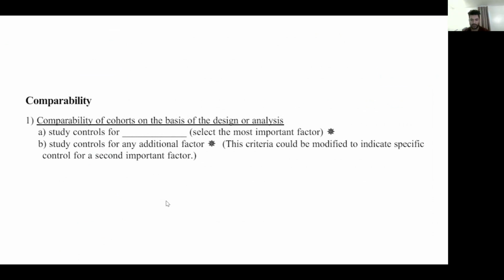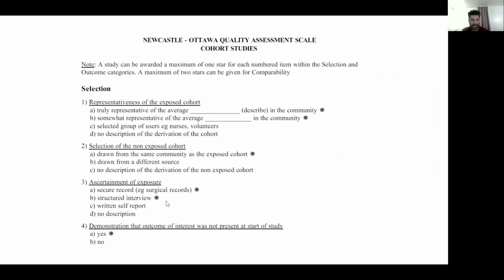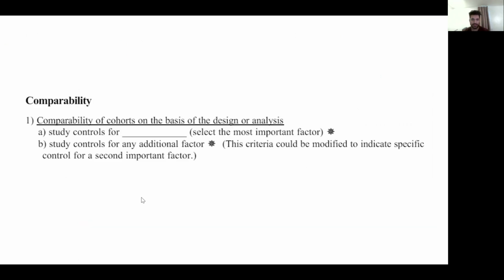Otherwise, it's just a star for, for example, if we go back, structured record and secure interview. Sorry, secure record and structured interview doesn't get 2 stars. You get 1 star for either because that's how you measured it. Whereas here, you need to show that there was one factor being controlled and then another factor being controlled.